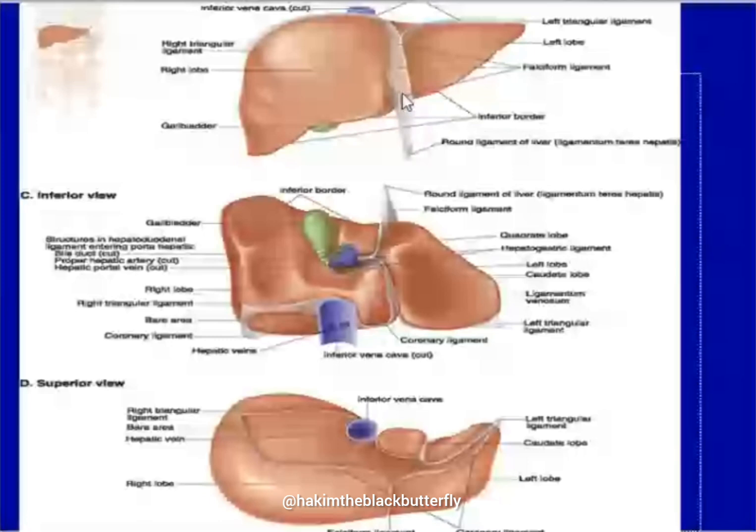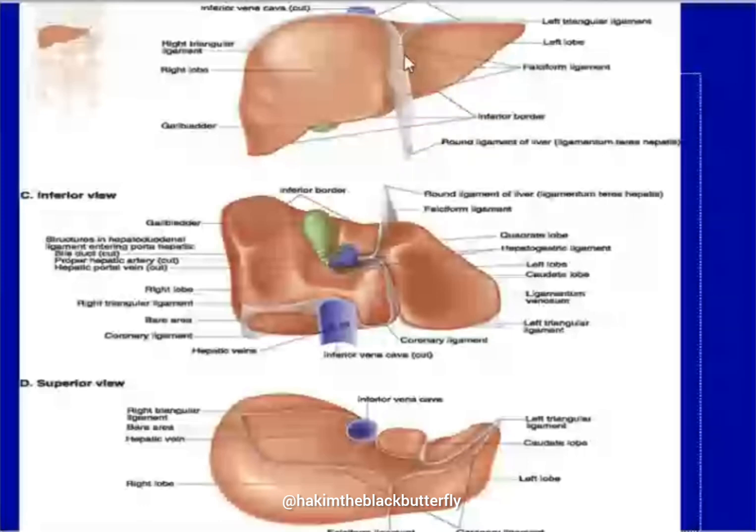Peritoneum peels off from the anterior abdominal wall. It goes deep into the abdomen and attaches on the anterior surface of the liver. So this falciform ligament is peritoneum, which is peeling off from the anterior abdominal wall and going deep into the abdomen, where it reflects itself onto the liver.